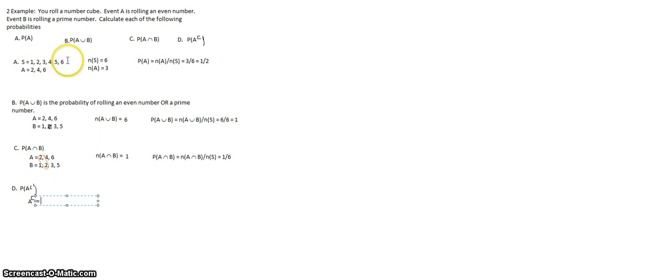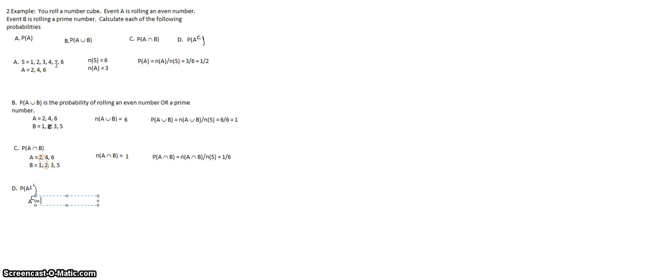In my entire set, I have 6 elements. And in my A, I have 3 elements. So in order to figure out what I don't have, I have 2, 4, and 6. Everything that's not part of A is going to be, for instance, 1, 3, and 5. So I have 3 elements that are not part of the A set.